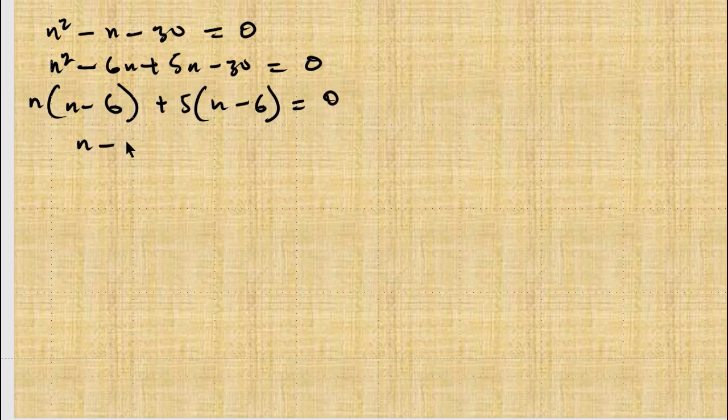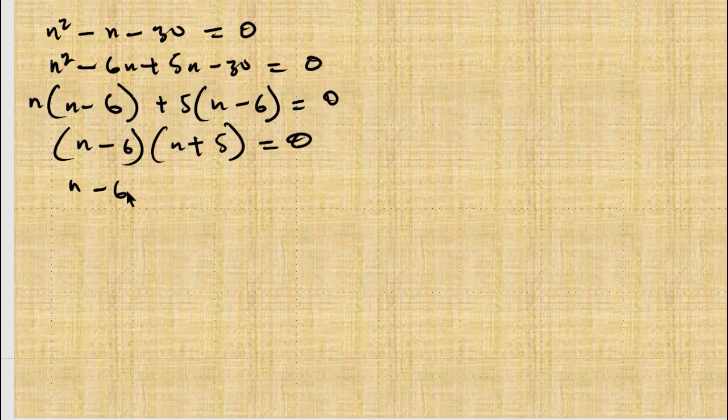So that n minus 6 now into n plus 5 equals 0. Invariably, n minus 6 equals 0, n will be equal to 6. n plus 5 equals 0, n will be equal to minus 5.